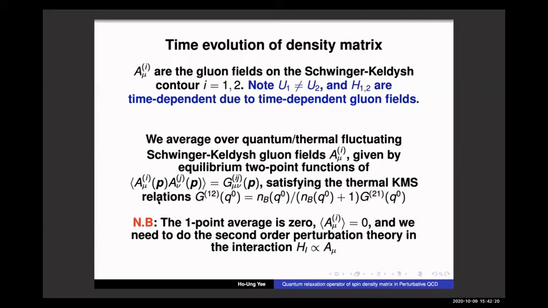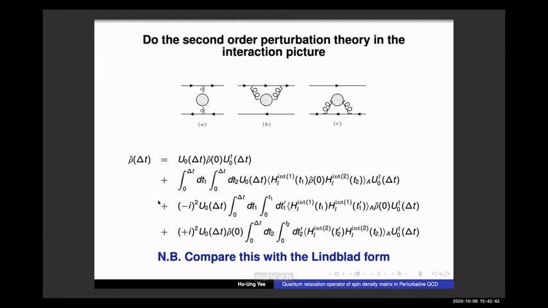And also there's no 1-point average for these gauge field fluctuations. So in our computation, we have to do second order perturbation theory in terms of this interaction, which is proportional to the gauge field. If you look at the formula, we are expanding this unitary time evolution operator to second order in the interactions, HI, which contains the gauge field.